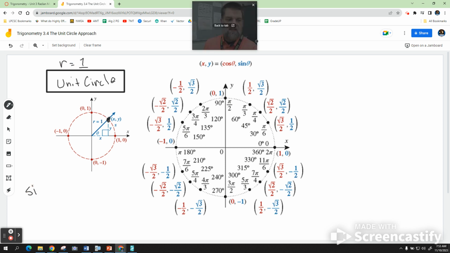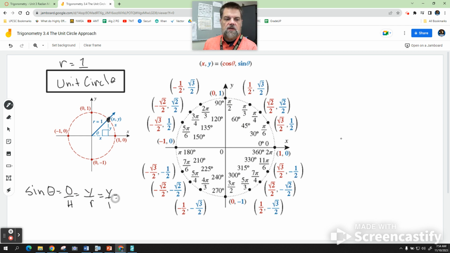Remember that sine of theta is equal to the opposite over the hypotenuse, but on the two-dimensional Cartesian plane, that would be the same as y over r. But in the unit circle, y is just y, but r is equal to 1. So sine is equal to y on the unit circle.